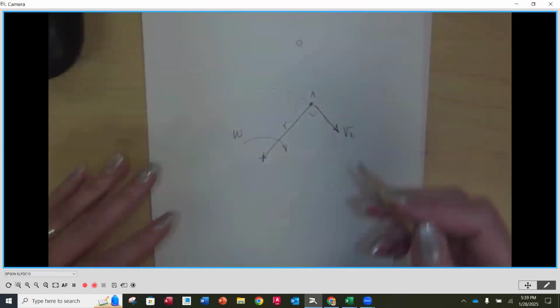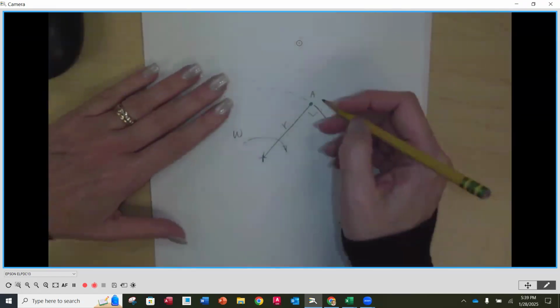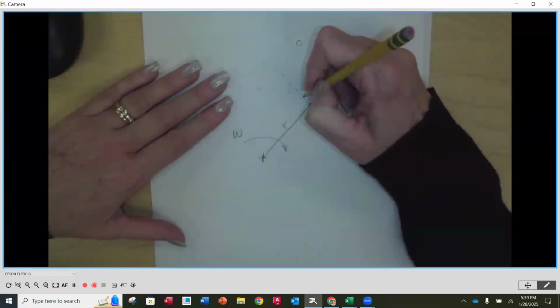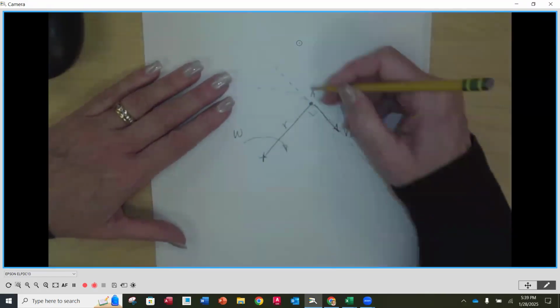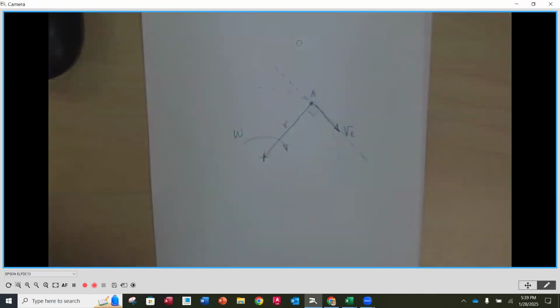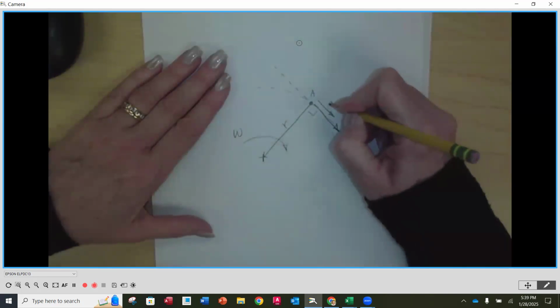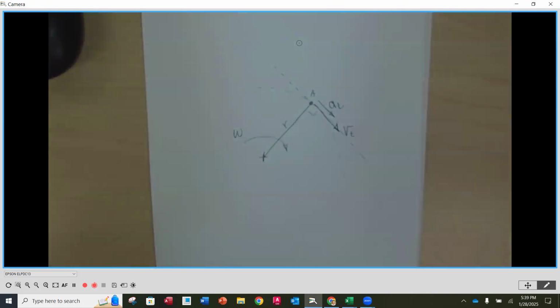So this is velocity here, and those are the two components of acceleration. Now, because this velocity is on this line of action, our tangential acceleration is going to be along that. If this happens to be speeding up, our acceleration is going to go in the direction of the velocity, the straight line velocity component. Okay, makes sense?